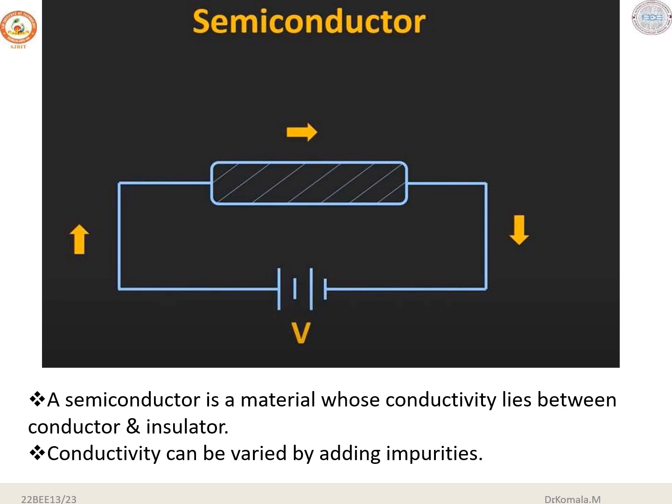Whenever a voltage is applied across the semiconductor material, there is a flow of electrons which is lesser than in a conductor whereas greater than in an insulator. The best semiconductor materials are the N type and the P type semiconductor materials, which we'll be learning in the further content of this video.